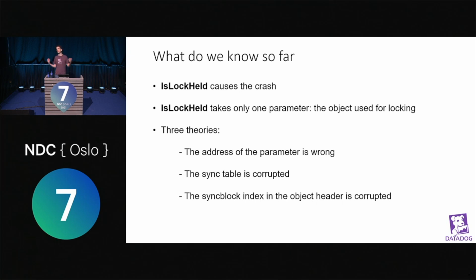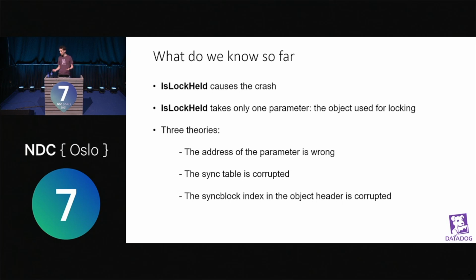So still the address of the parameter could be wrong, or the sync table could be corrupted somehow, or the index of the sync table that we store inside of the object header could be corrupted somehow. So in both cases, we have some kind of problem with the sync table, but in one case, it's the table itself, and in the other case, it's the index that we store in the object.